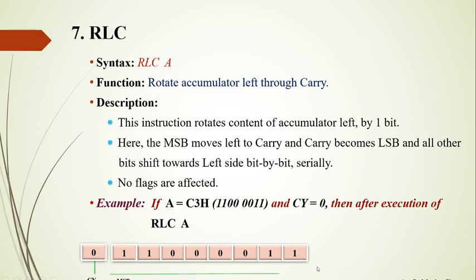Let's see. So here carry goes to LSB and all the bits shift left bit by bit. So we get content of accumulator after execution of this instruction RLC A equals to 86H, that is 10000110.